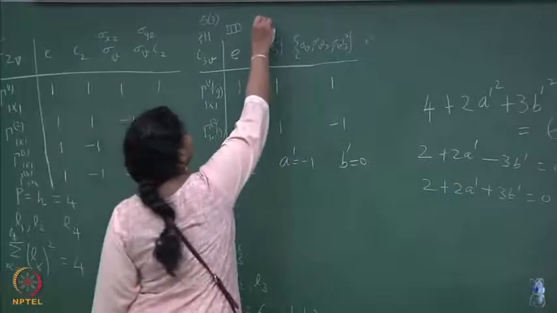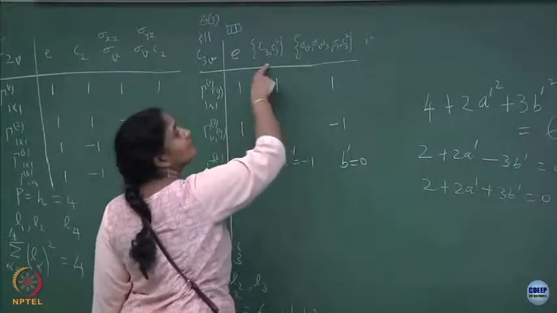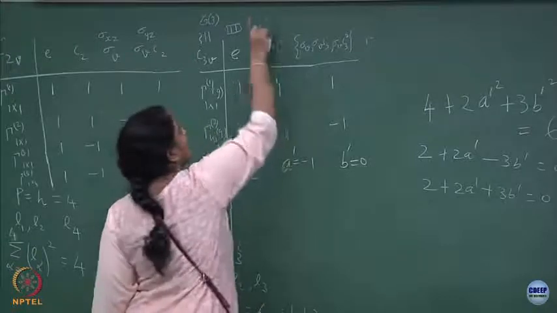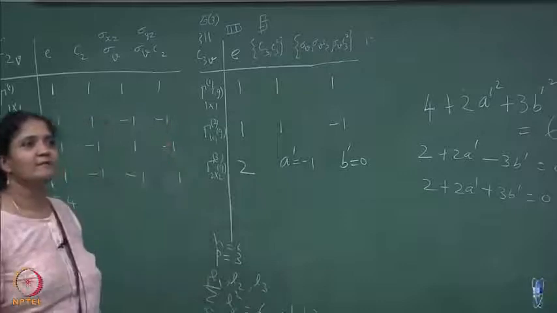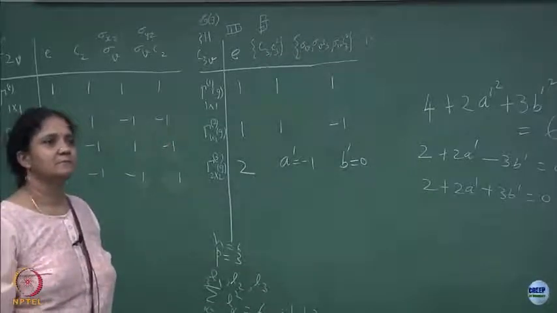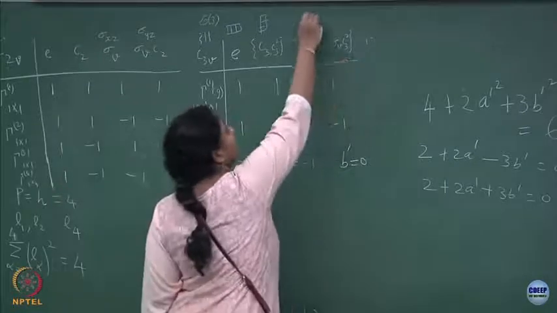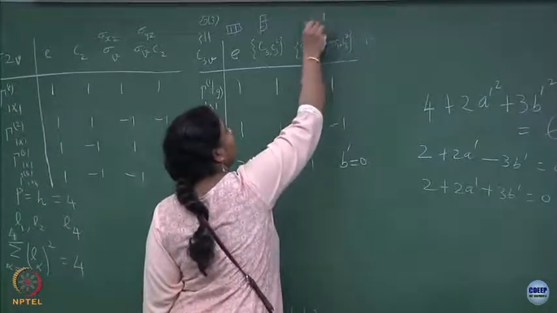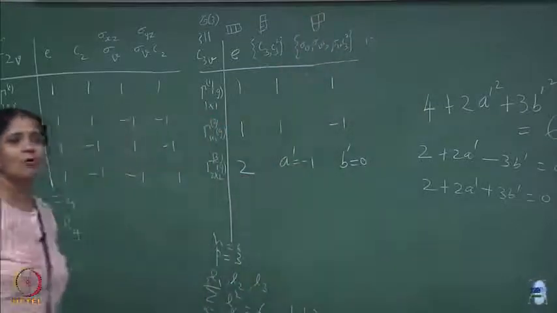This class has, somebody, 1 3-cycle, am I right? Am I right? And this one is 1 1-cycle and 1 2-cycle. Are you all with me?